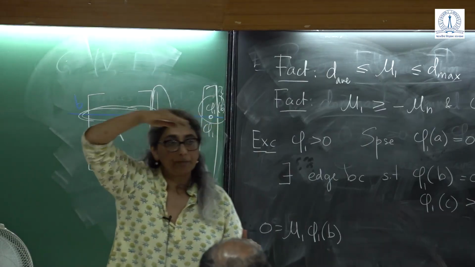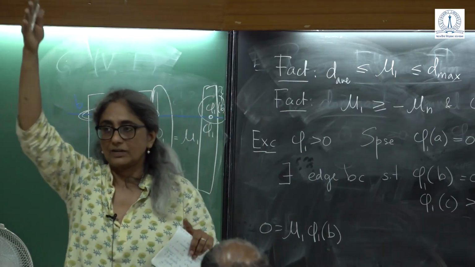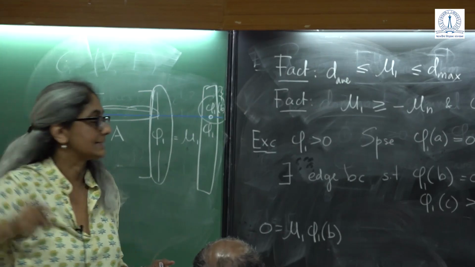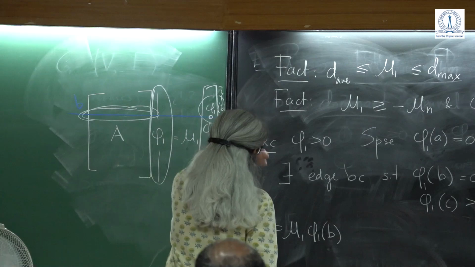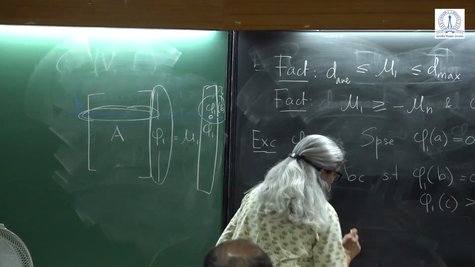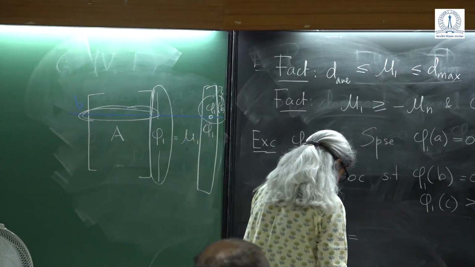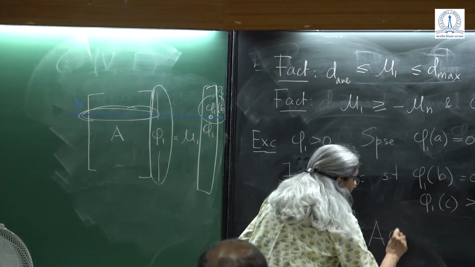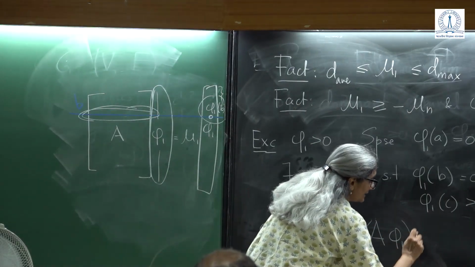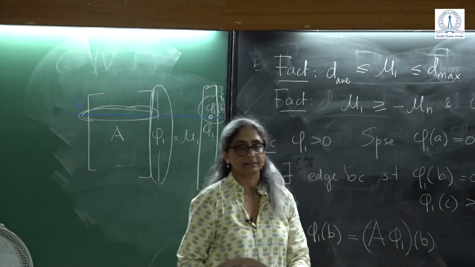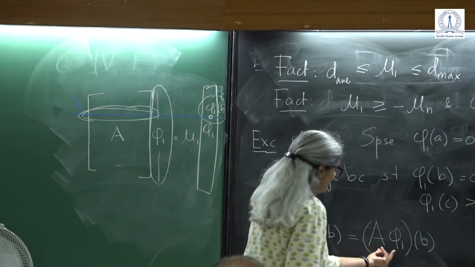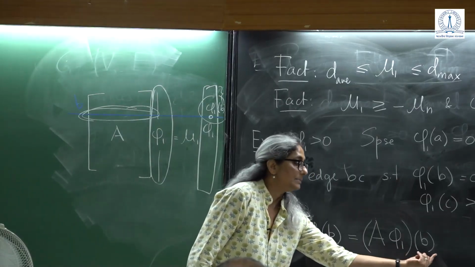Let's multiply the B row of the adjacency matrix with phi1. That's exactly mu1 phi1 of B on the other side. So we know the right-hand side value is 0. But this is the same thing as if I took A times phi1, that's the left-hand side, and then just looked at the B-th entry of it. But what is this without the B?